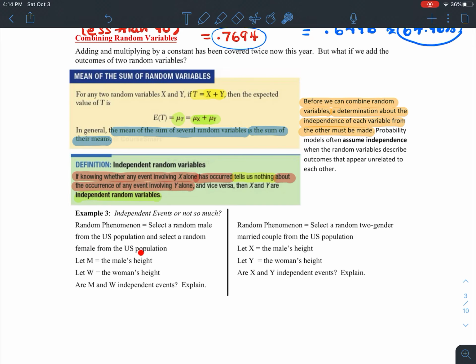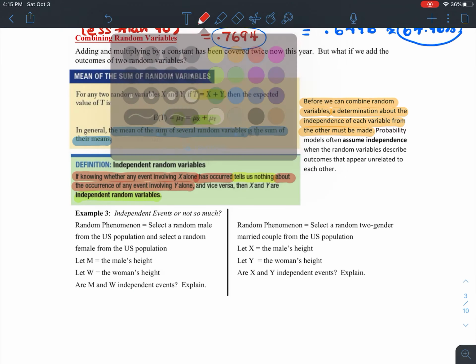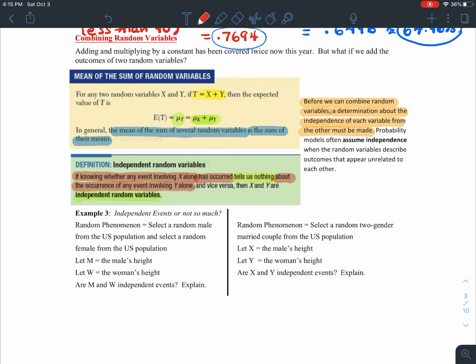Let's look at examining some ideas of that just to make sure we get the hang of it. Down below here, we see that the random phenomenon is to select a random male from the U.S. population, and we're selecting a random female from the U.S. population. We're going to let capital M be that male's height, and capital W will be the random variable for the woman's height.